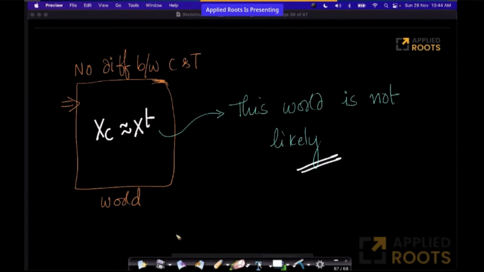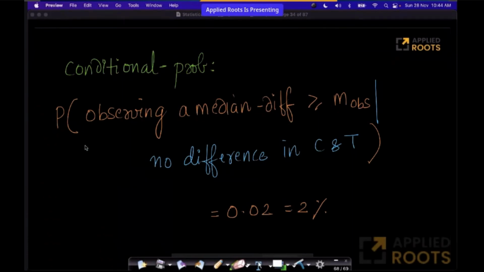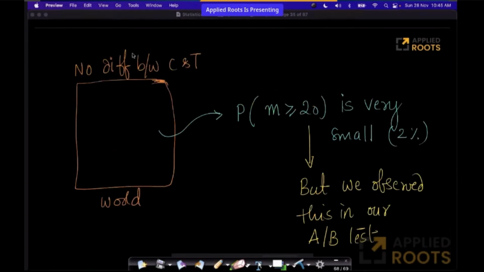Look at the idea. I'll repeat this. This is a very, very important step. The probability of observing a median difference greater than 20 that we actually observed, under this assumption, is very small. Which means if you take a world where XC and XT are the same, the probability of observing 20, which is our observed value, which is true, is very small.